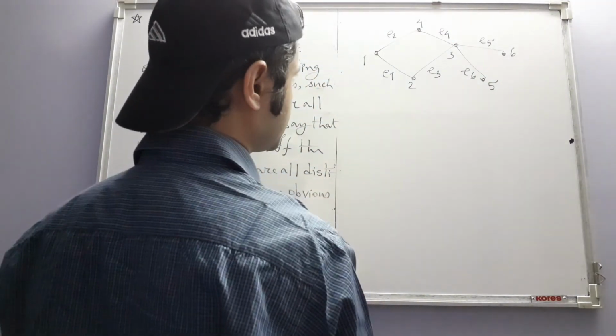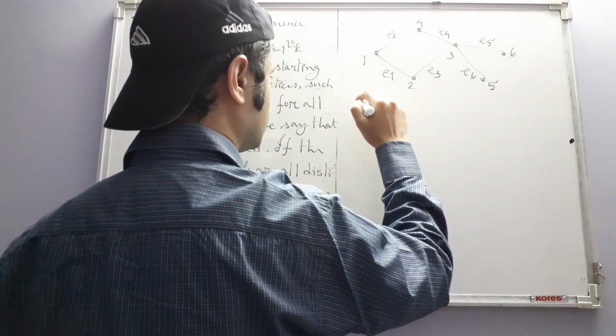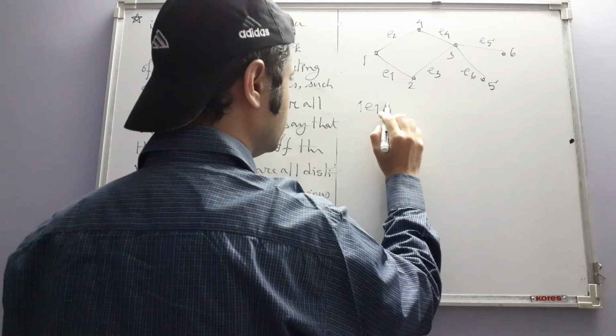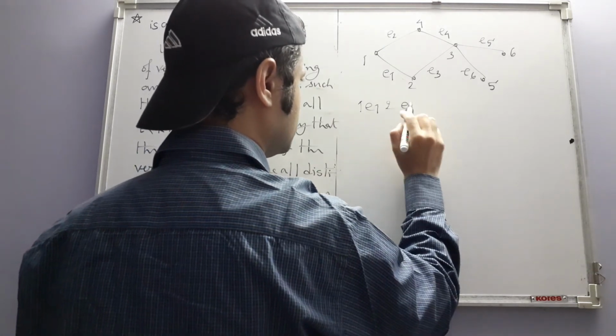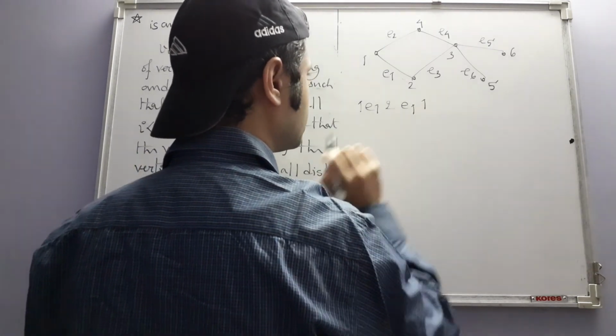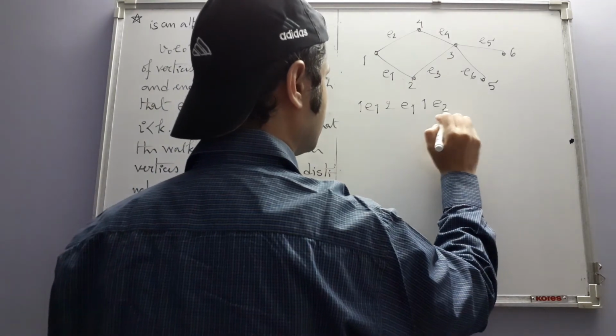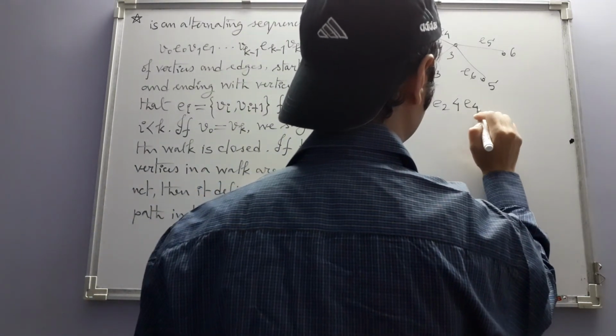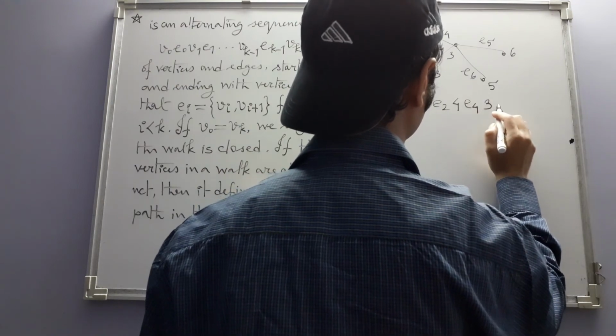Then we can consider this walk 1, E1, 2, again E1, 1, E2, 4, E4, 3.